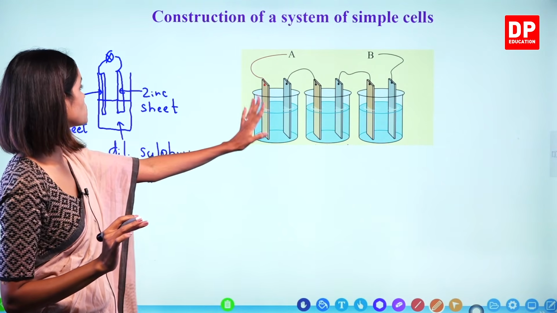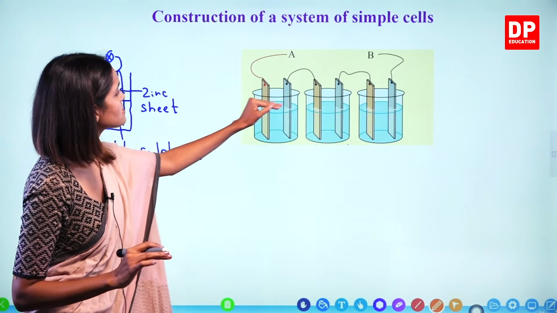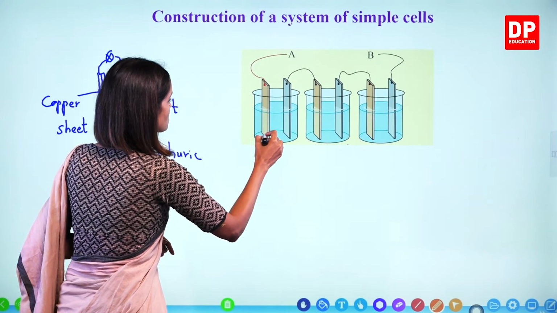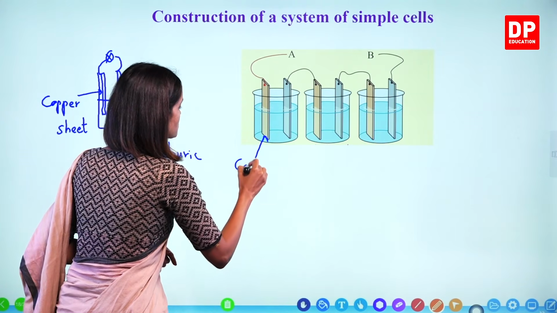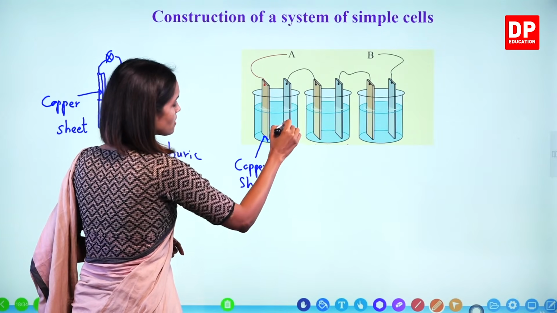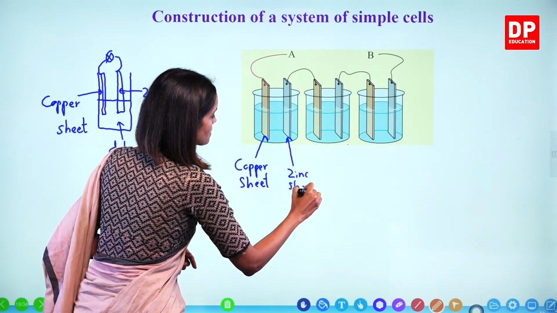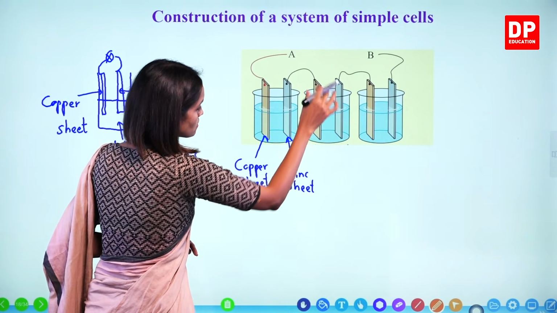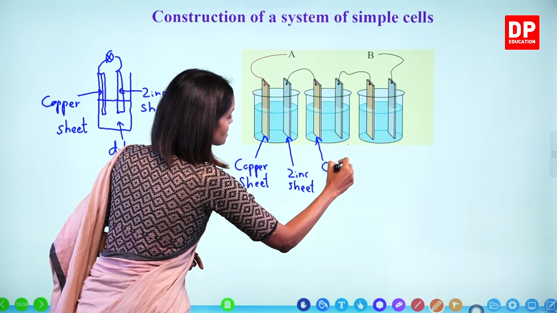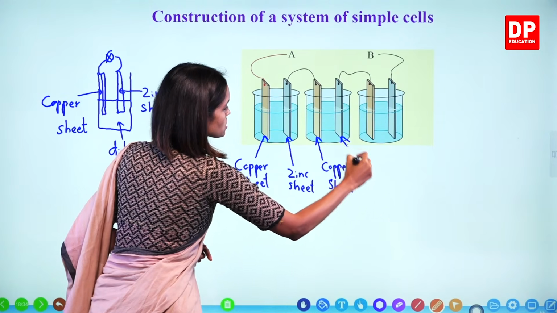Okay, but look at this one. 3 simple cells are connected together. What is the way it is connected? You can see now this is the copper sheet, and this is the zinc sheet. When you consider the second one, this is the copper sheet and zinc sheet.